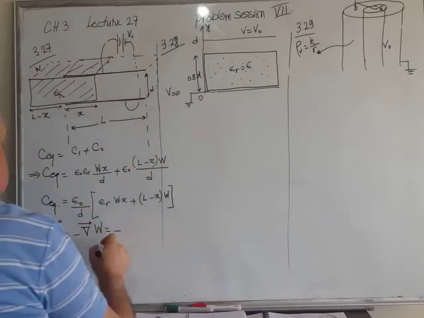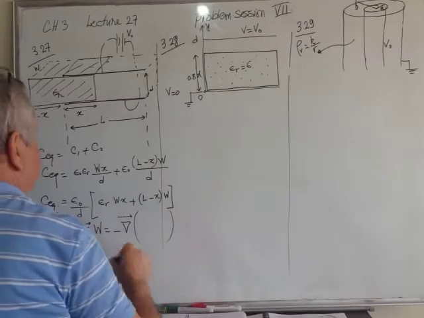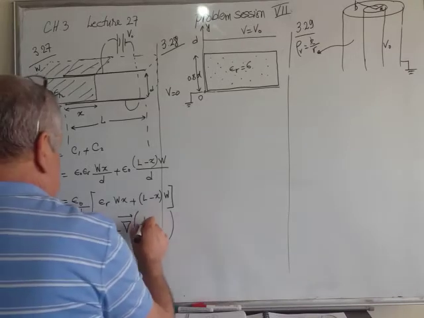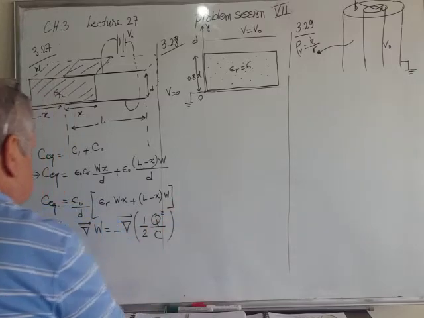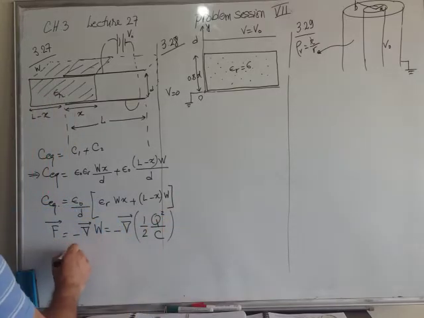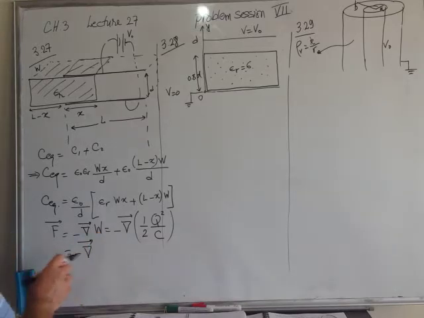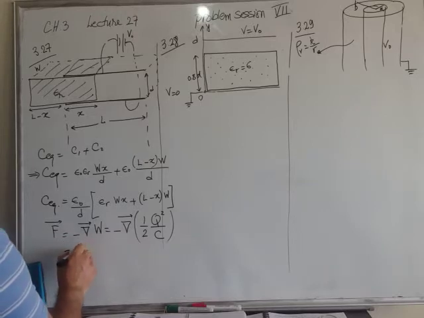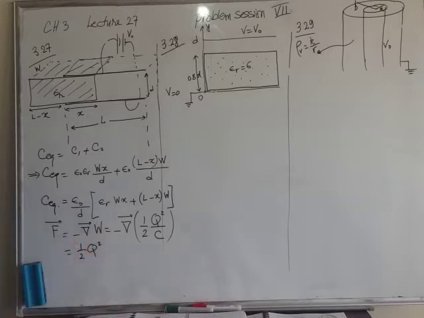So this is minus gradient of the energy. The energy of the capacitor, the easiest one to choose here, is half Q squared over C, and that is equal to minus grad. Half Q squared is a constant, so you can take it outside the derivative sign.